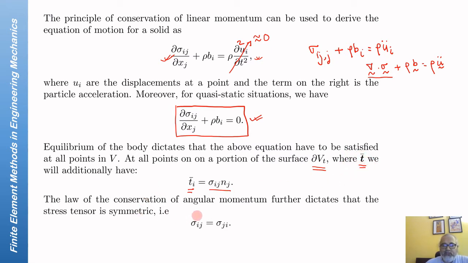Also, the law of conservation of angular momentum dictates that the stress tensor is symmetric. So this is always the case because of the law of conservation of angular momentum. There are situations when this does not hold, but those situations are rather special and should not concern us here.